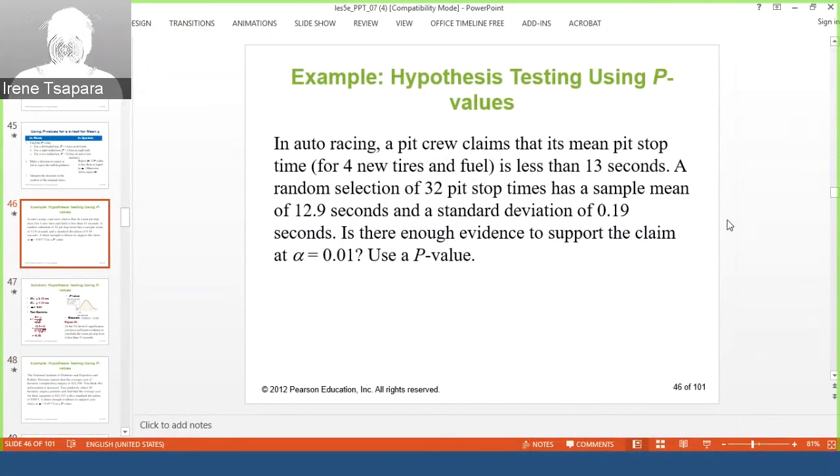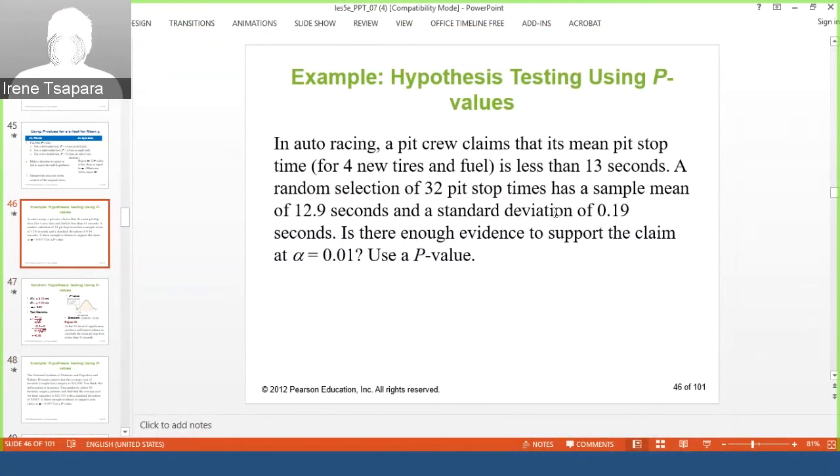Now, one thing that I want to make sure that you understand is that when this says sample mean is this and standard deviation is this, it refers to the standard deviation of the sample. Knowing the standard deviation of a population is extremely rare. We very rarely know the standard deviation of the population.